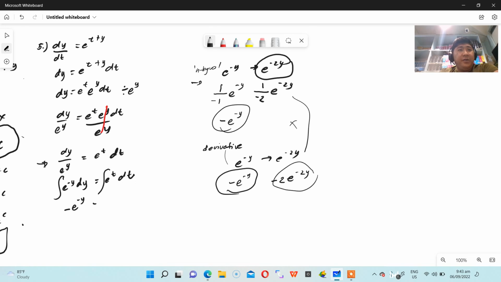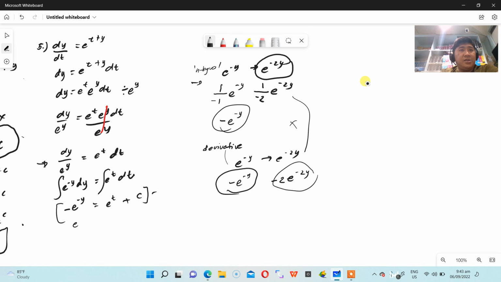So from there, we have, on the other side, e raised to the power of t plus c. We could combine these. We can multiply this one by negative so that these are all negative.